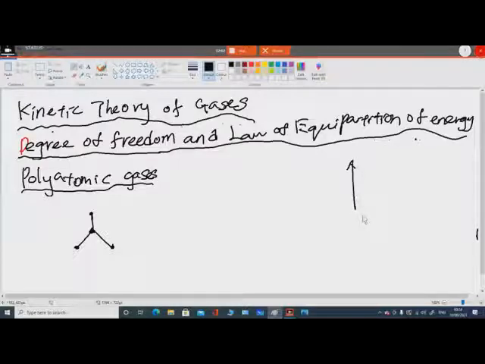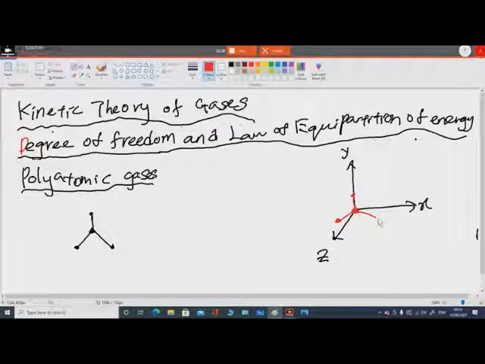Sorry, so this one will be the y direction, and this one is x, and this one is z. Okay, let me use another color so that you can see it clearly. So this is my polyatom, and this one will be the attachment.